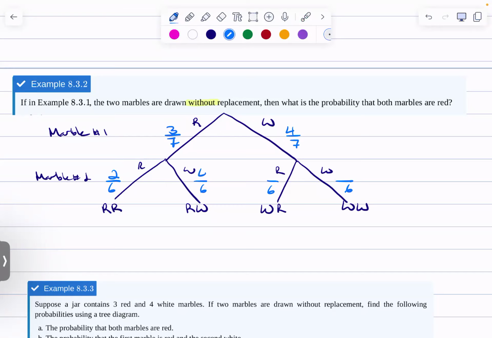And there are still 4 white ones. If you draw a white marble first, then there are only 3 white marbles left, and there are 3 red marbles left.